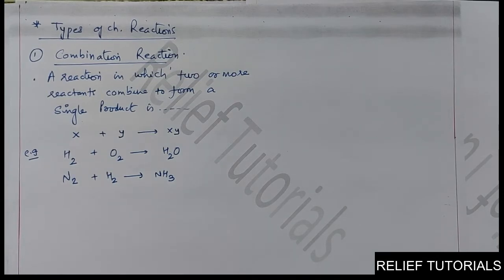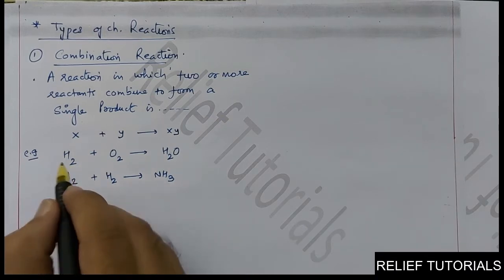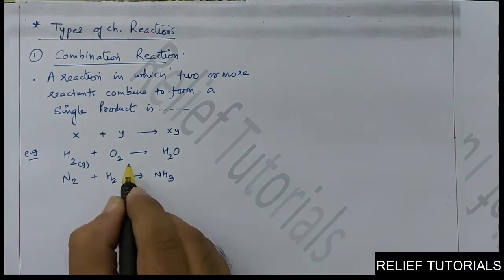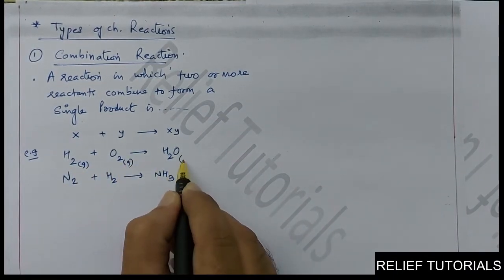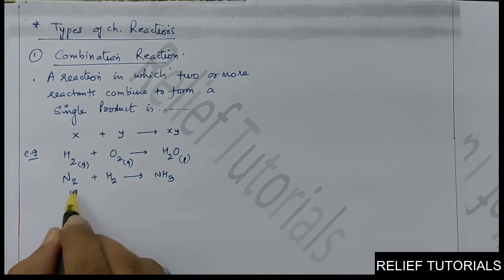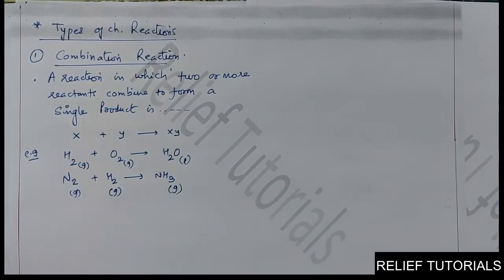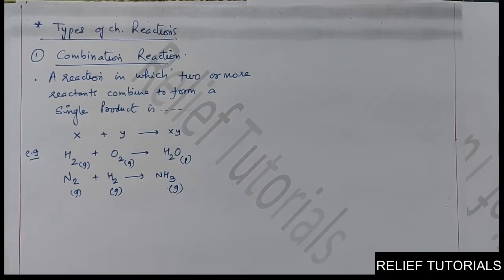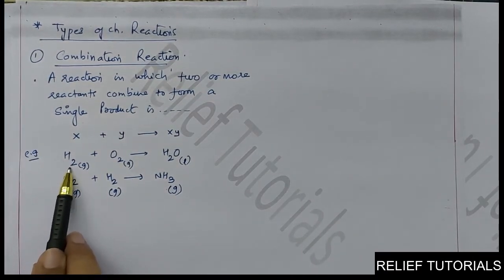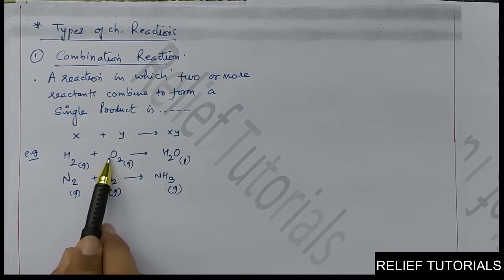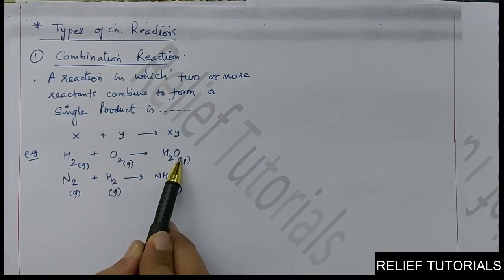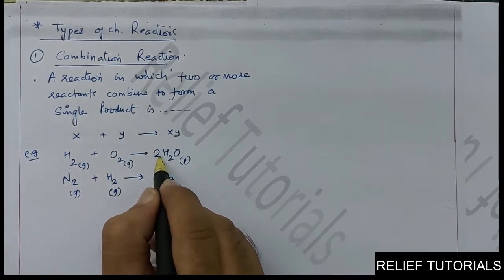We know how to write the equations. We can mention the physical states for each one. Nitrogen is gas, hydrogen is gas, ammonia is also gas. Equation must be balanced. Look at this: hydrogen 2, oxygen 2, oxygen 1. So we can make it 2 here.